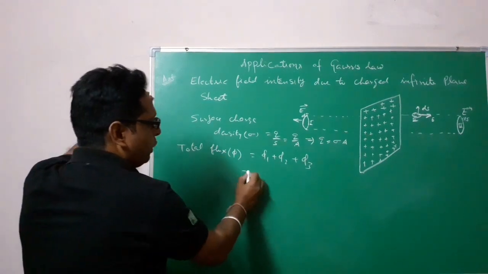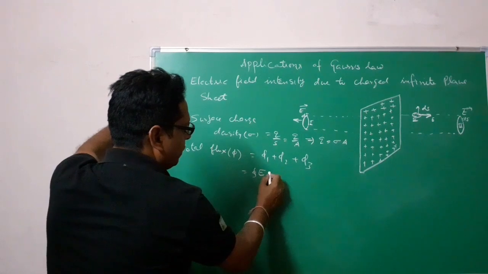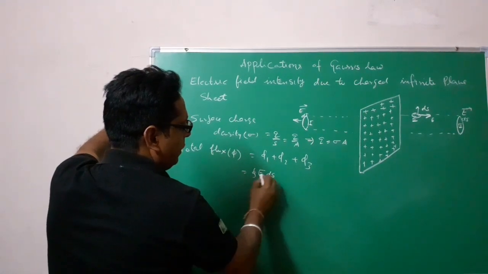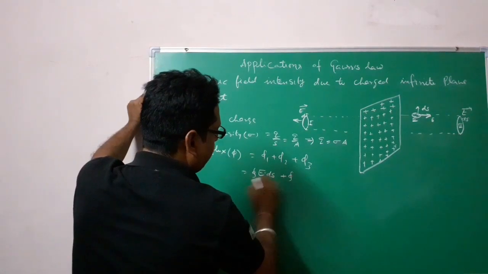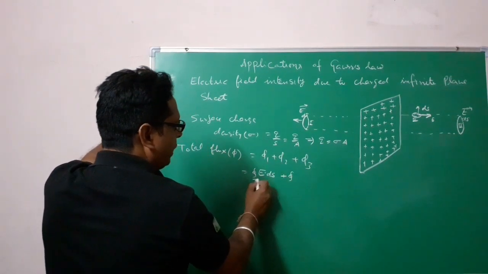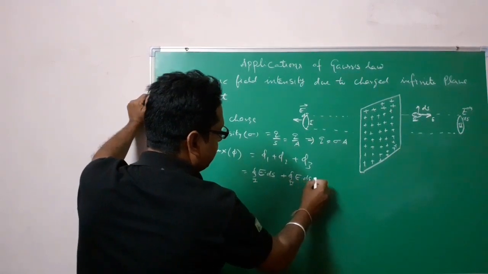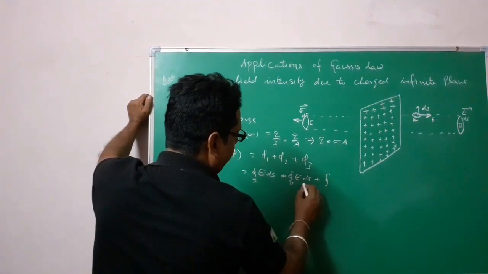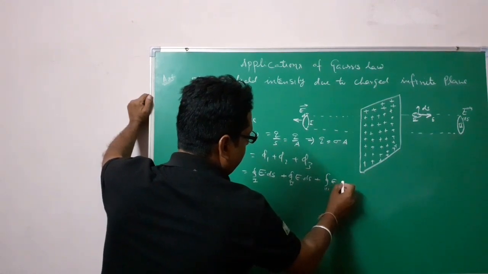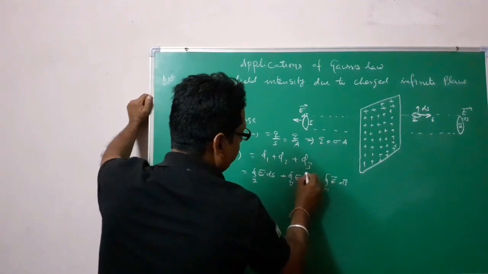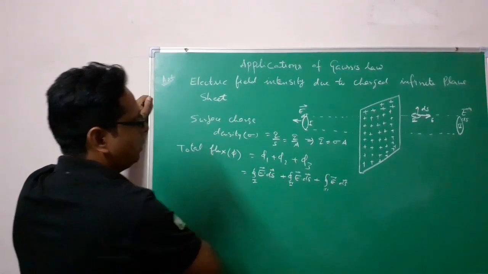This is further equal to the surface integral of E dot ds over region 1, plus the surface integral over region 2, plus the surface integral over the third region. No doubt these are vector quantities, so I have put the arrowhead here.